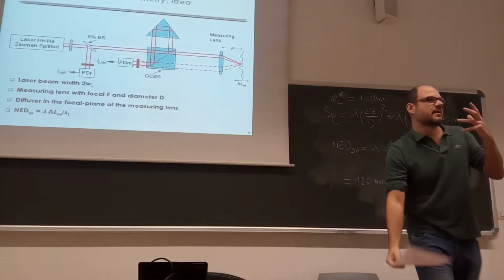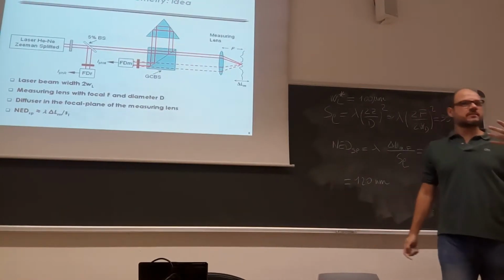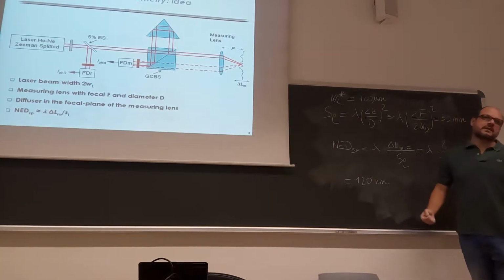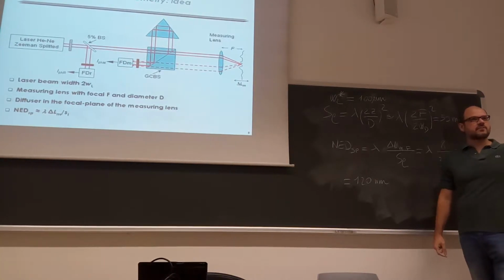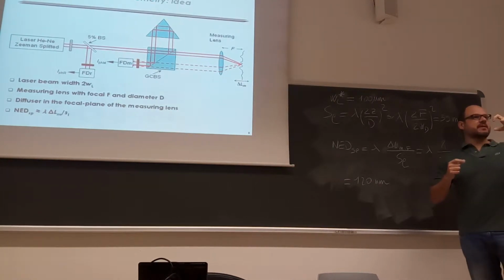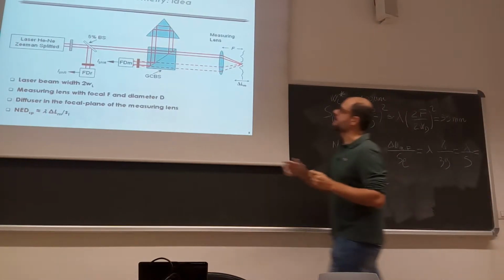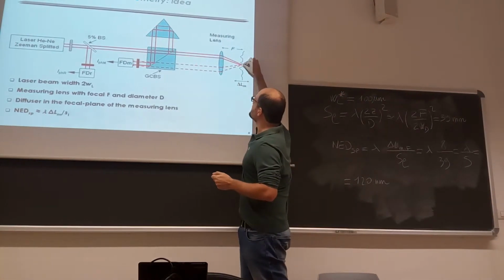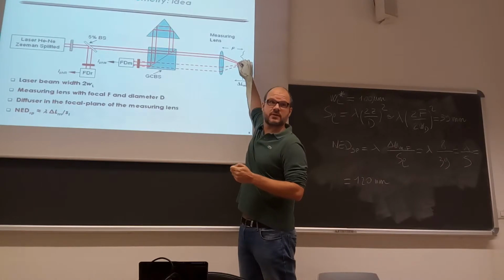What is the idea that I am trying to follow? Why is it good to increase the dimension of the beam? Because if you increase the dimension of the beam, you decrease the dimension of the spot onto the diffuser. Okay?